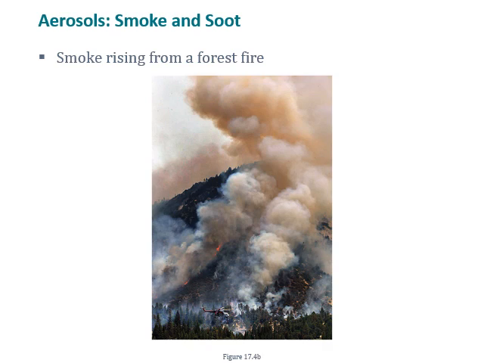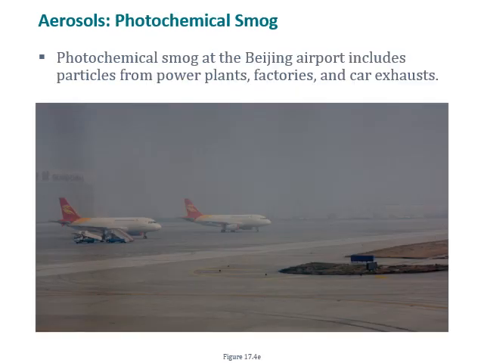Here's an image of smoke rising from a forest fire that contributes soot to atmospheric aerosols. Photochemical smog is another group of aerosols that includes very fine particles emitted from power plants, factories, and car exhausts that are often pollutive and dangerous to human health.